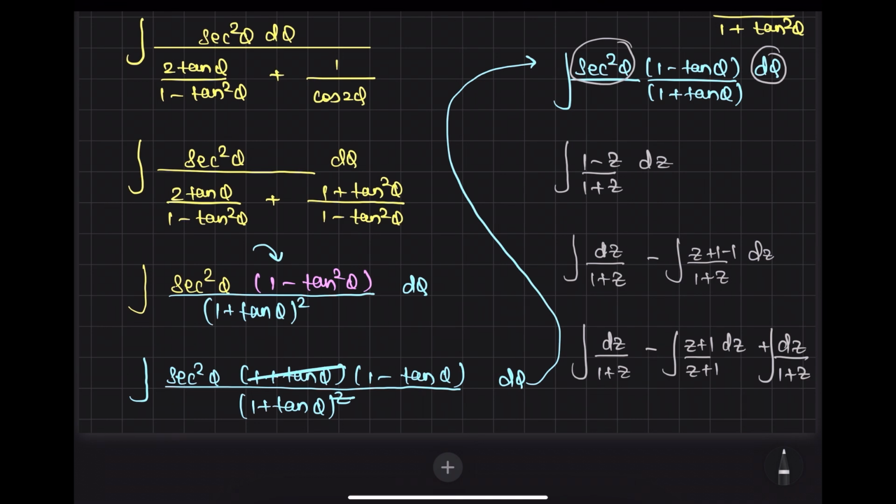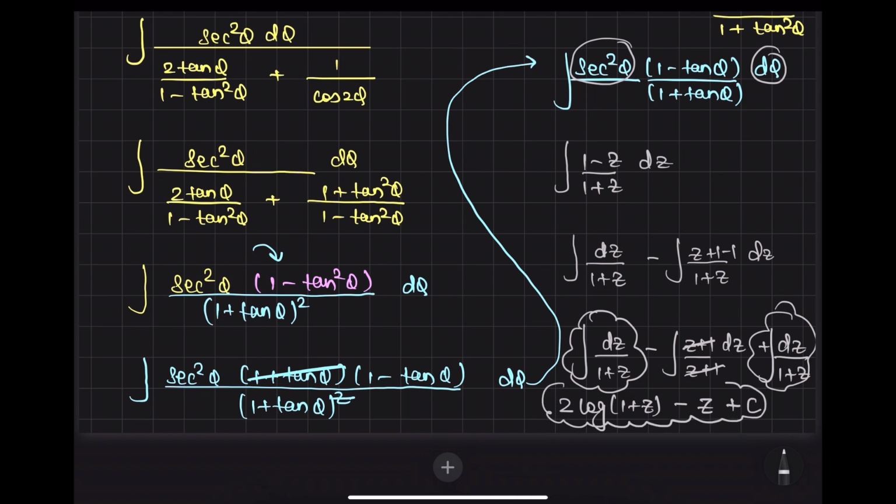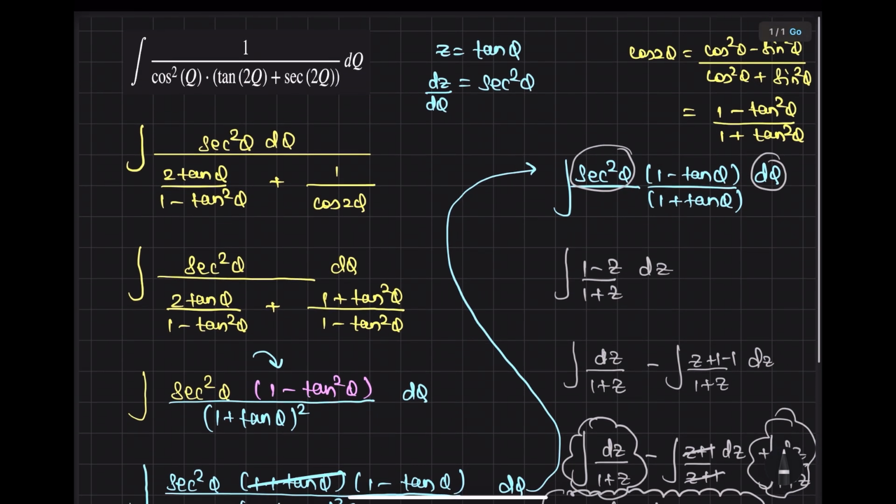So suppose, what is the integration of this thing? You can treat this as dx by x. So log x; instead of x we will write 1 plus z, and here also we will get the same thing. So can I write 2 times that, and this thing will be neutralized, we have to integrate dz, so that is z plus integration constant c. Now you have to apply the replacements. So you have to replace z with whom?